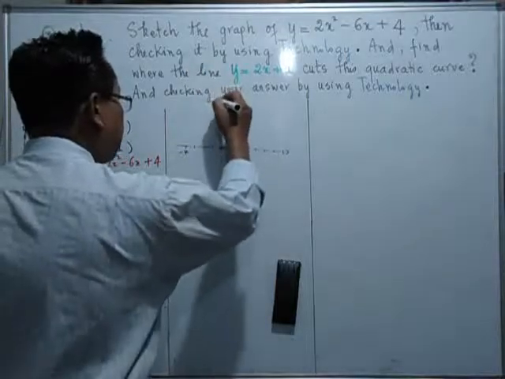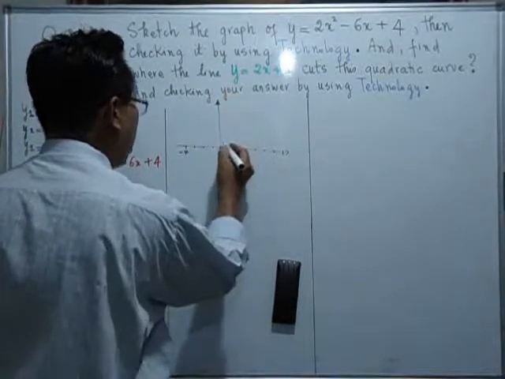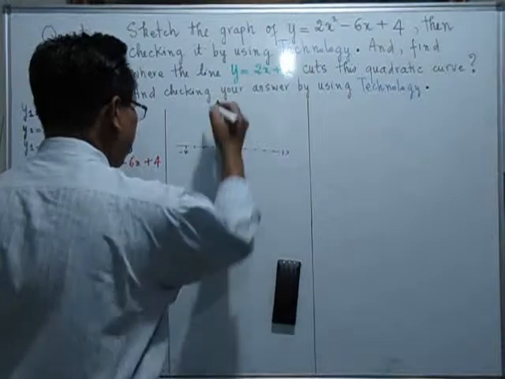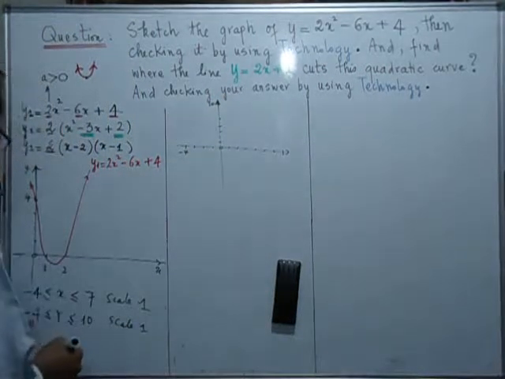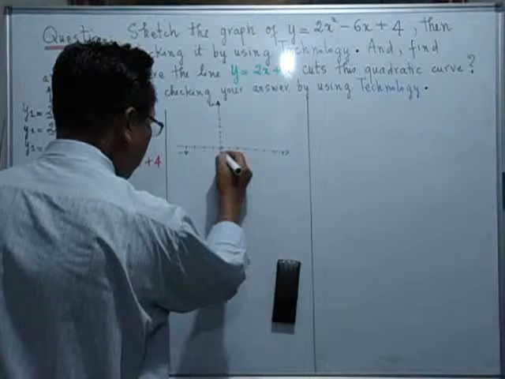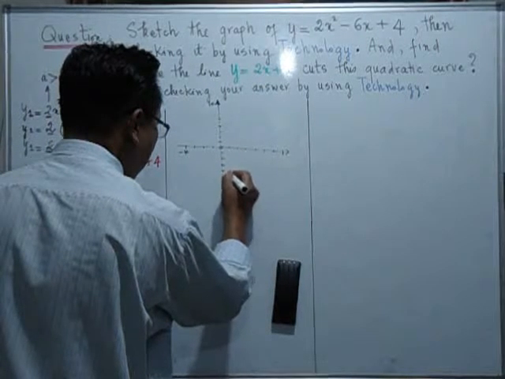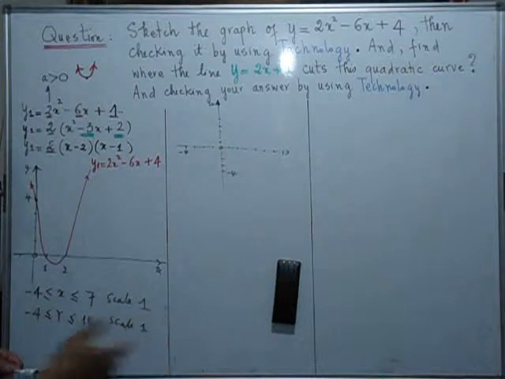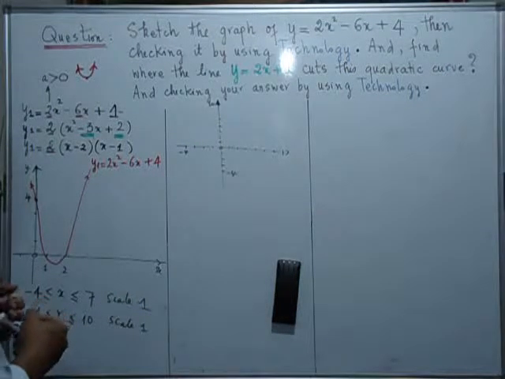On the y-axis, positive up to 10, and at the bottom 1, 2, 3, minus 4. Something like that for setting up your window.